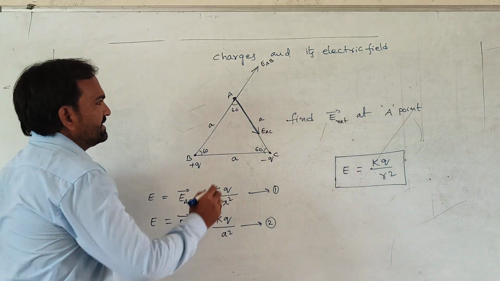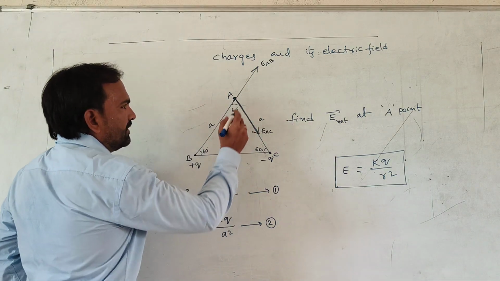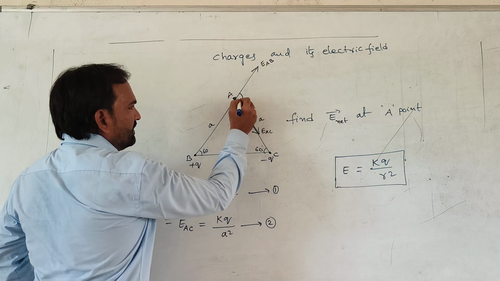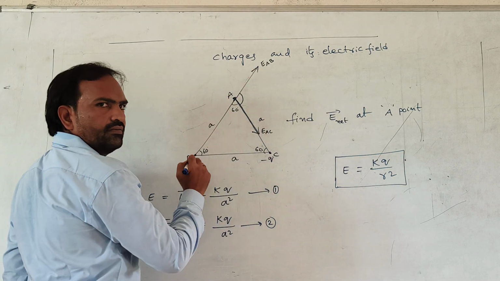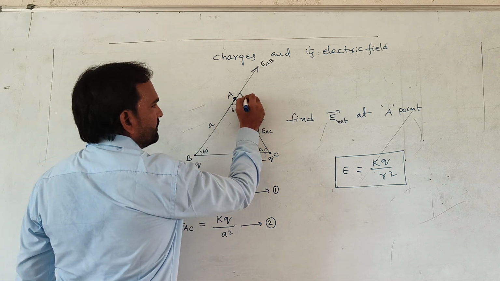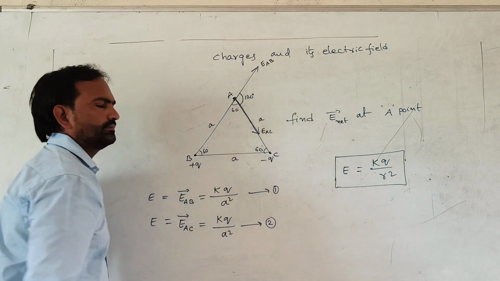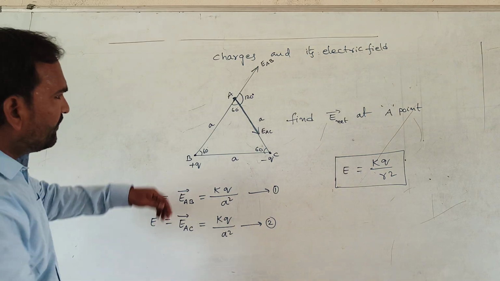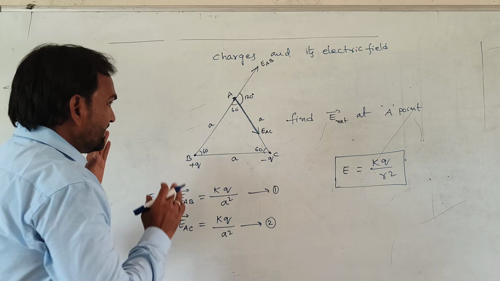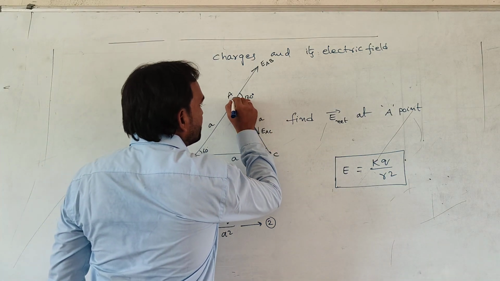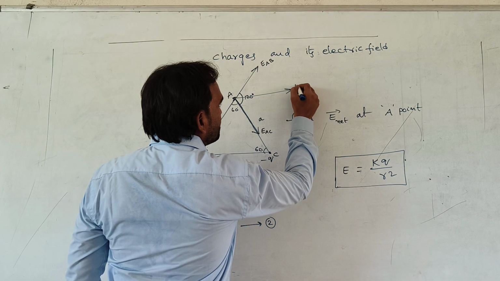So observe here, what is the angle between them? The straight line is a total of 180 degrees. When we remove the 60 degrees, the remaining is 120 degrees. So the angle between the electric field intensities is 120 degrees. When you apply this, what is the net electric field intensity, E net?